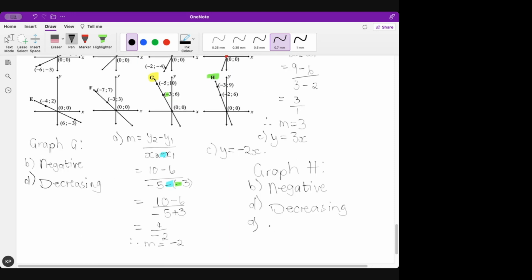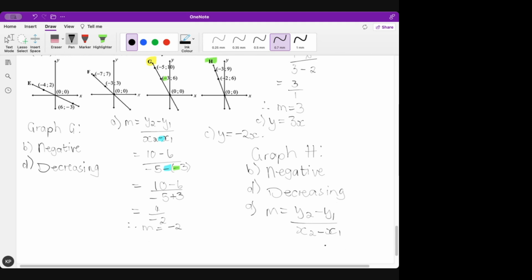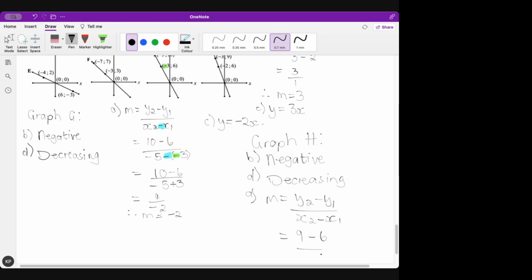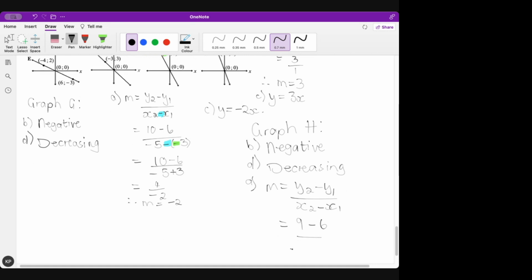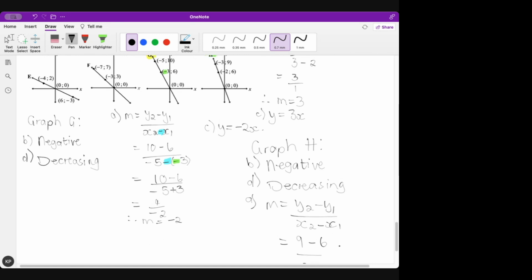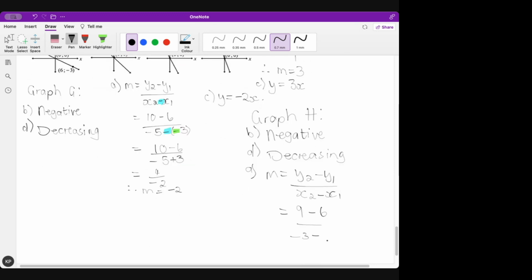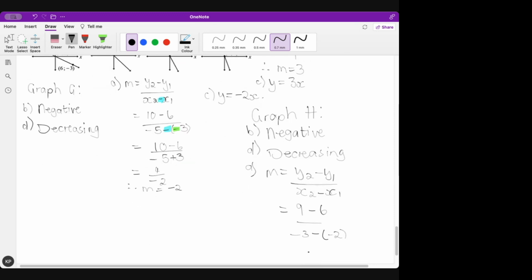Gradient is what? Number A. M is y2 minus y1 over x2 minus x1. What is my y2 for this one? 9 minus y1, 6 over x2, negative 3 minus x1, negative 2. Great.